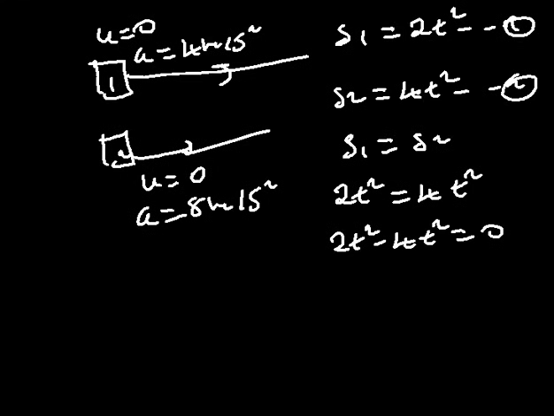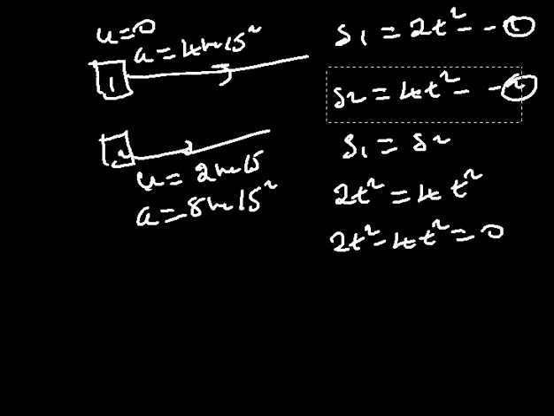By the way, one object should have an initial velocity for it to work. Let's say the initial velocity for object 2 is 2 meters per second.